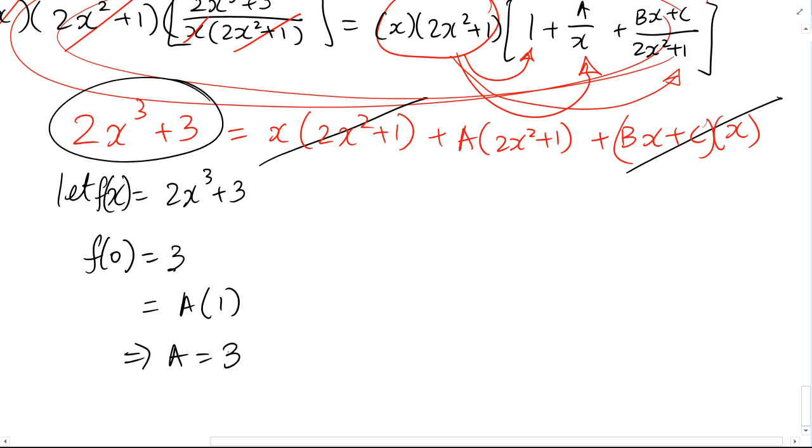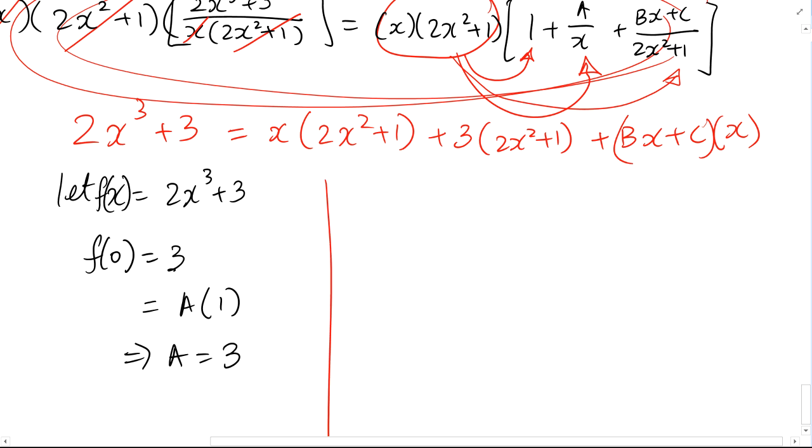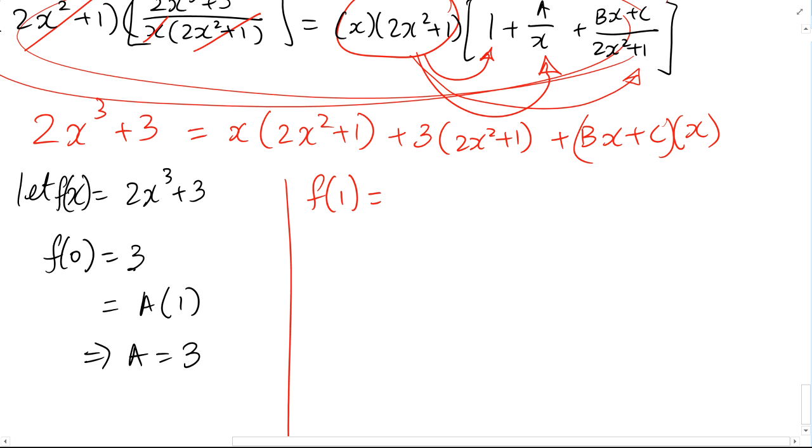Then what should we do for the others? Find the other unknowns. Now A is 3 already. Sub in first. Okay, I sub in 3 already. What else? x equals to 1. Will anything disappear if I do that? No, because you have no choice already. Nothing else is going to disappear. Now is the time for you to randomly choose a number.